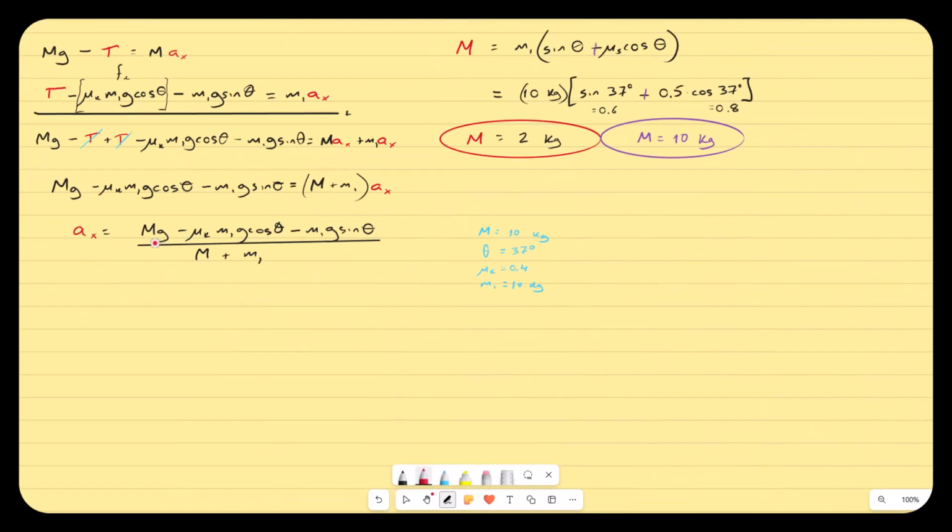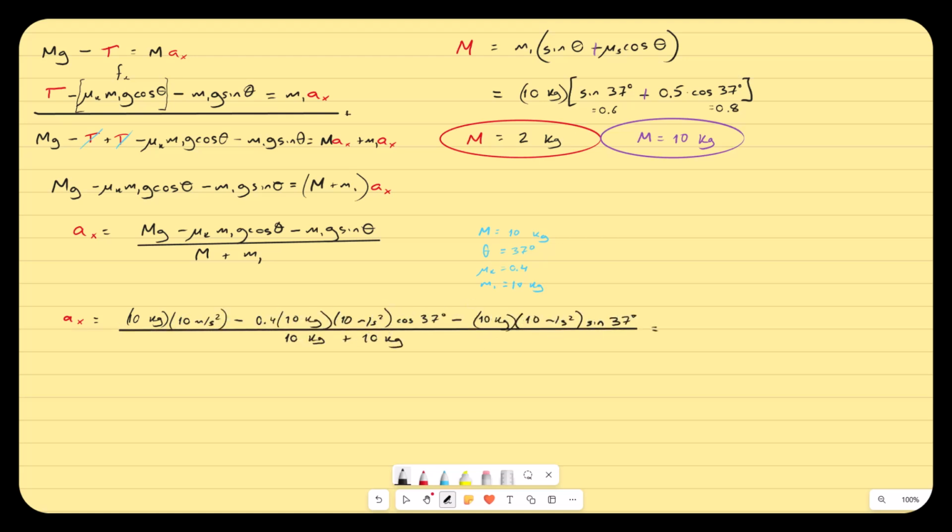My acceleration will be, and all of that, let's see, this is 100 newtons. Cosine of 37 is 0.8 times 0.4 is 0.32 times 100 is 32. And then sine of 37 is 0.6 times 100 is 60.